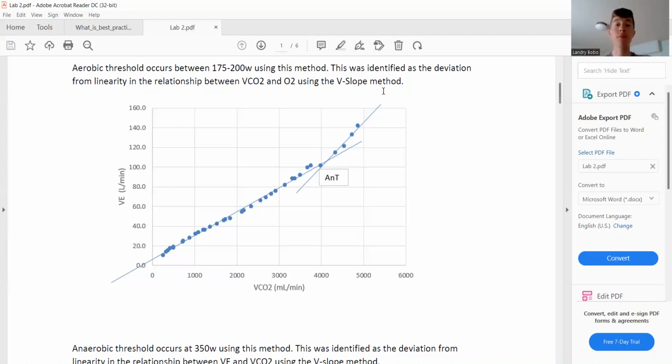So my breathing rate shoots up and I begin to hyperventilate. And basically, the reason this happens is because my bicarbonate buffering system can't handle it anymore. There's too much lactate coming into the blood. The hydrogen ions are accumulating, and my buffering system can't handle it anymore. And so I'm approaching my second threshold.